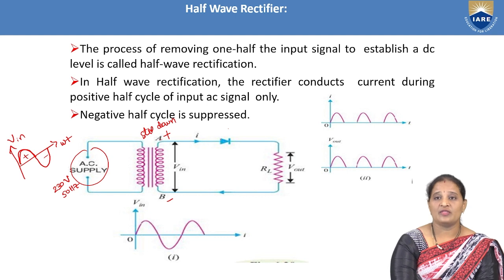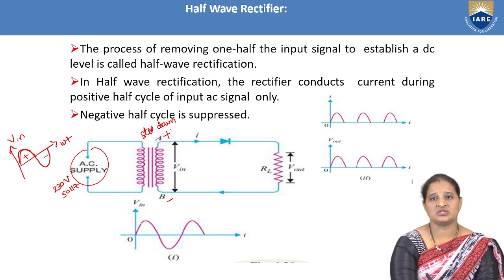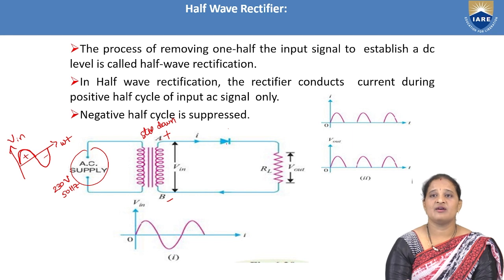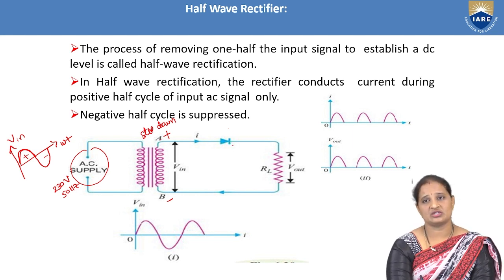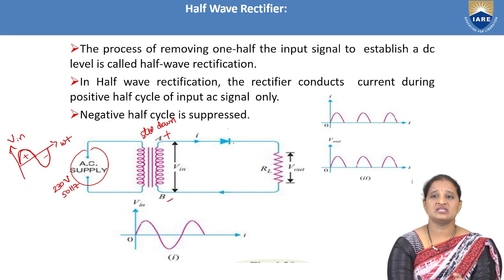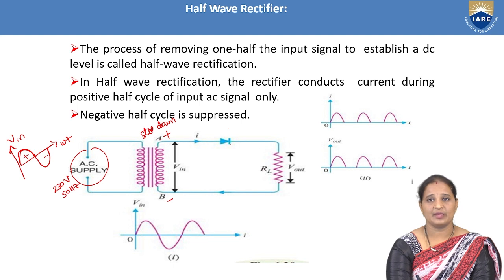The anode of the diode is connected to point A, which is at more positive potential, so the diode is forward biased. When the diode is forward biased, it is short circuited and offers a very low resistance, that is the forward resistance RF.